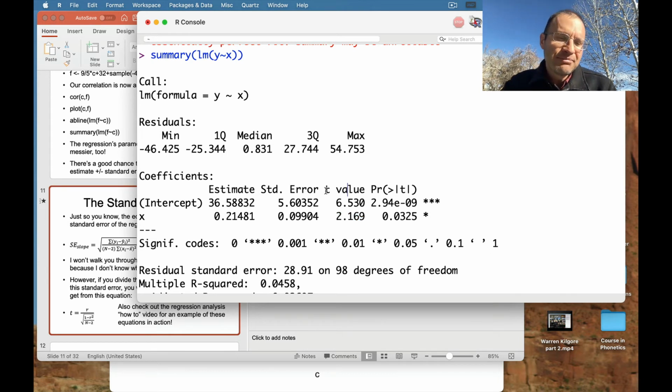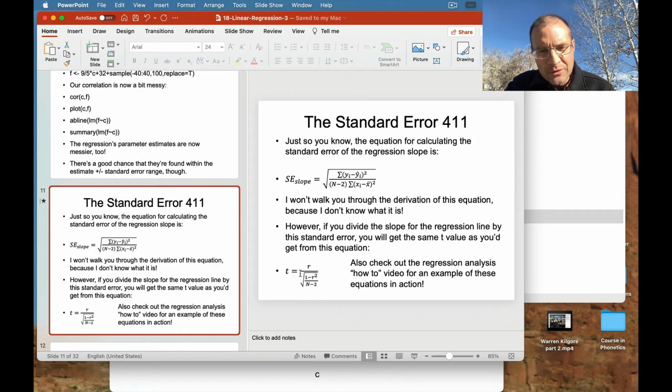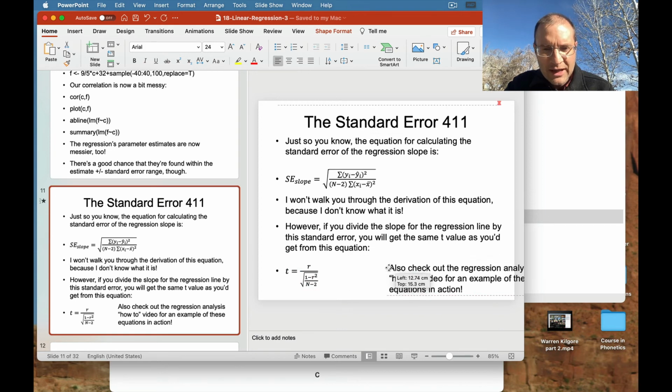The math tells us that should be distributed in a t-shaped distribution, so we can run this sort of t-test analysis on it. This is far enough away from zero that the p-value winds up being less than 0.05. But that's where that comes from in this approach, and we get the same t-value if we do it this way here.